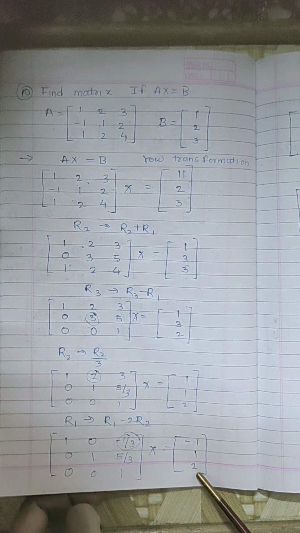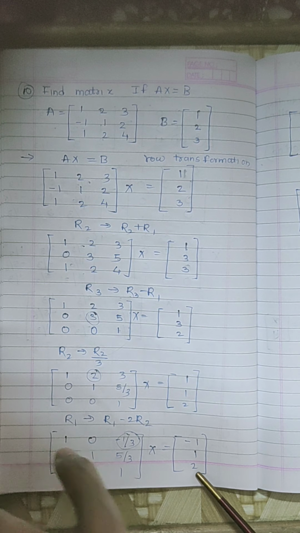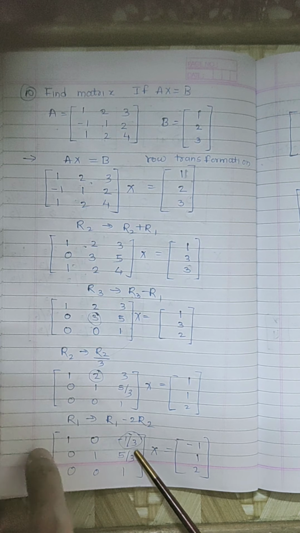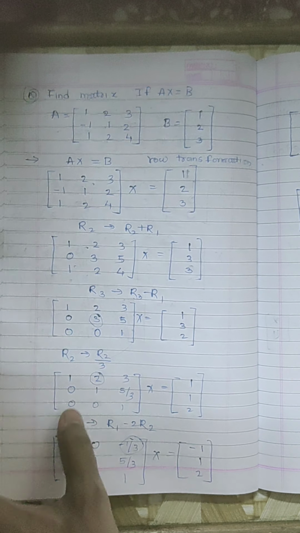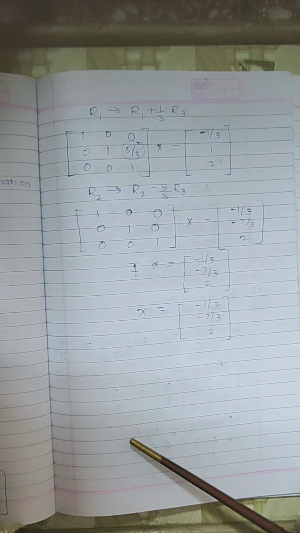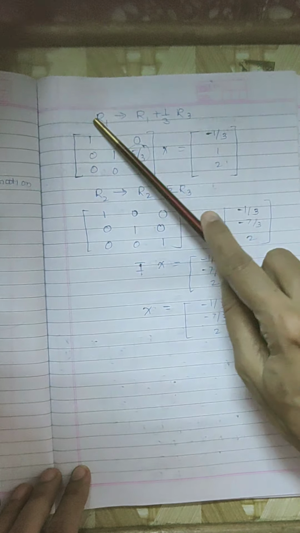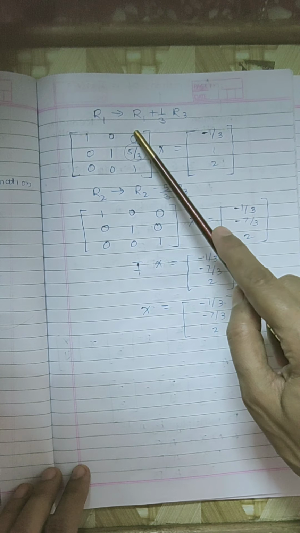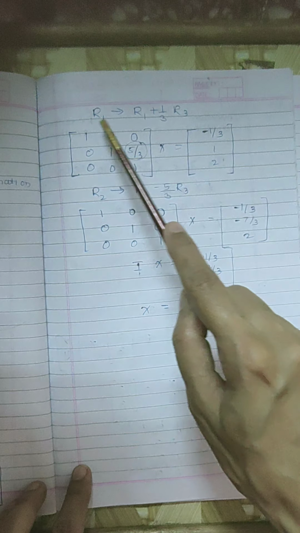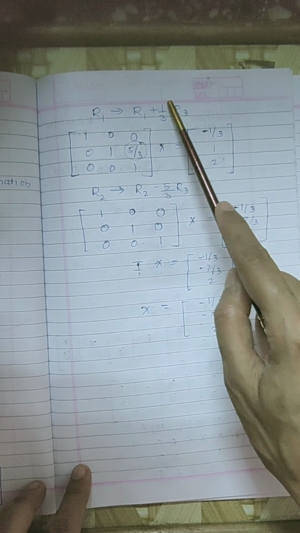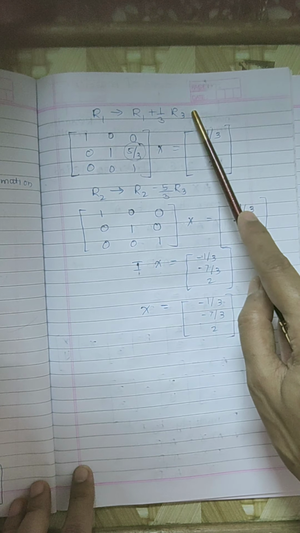Now next step, we will convert this minus 1 by 3 into 0. So how do we convert that minus 1 by 3 into 0? So R1, this you have to convert into 0. So R1 changes to R1 plus 1 upon 3 R3.